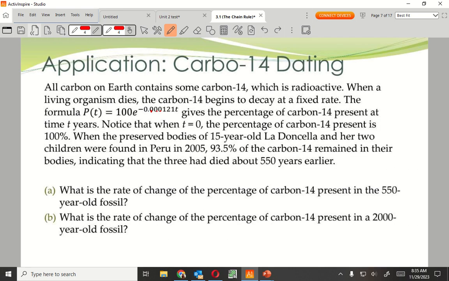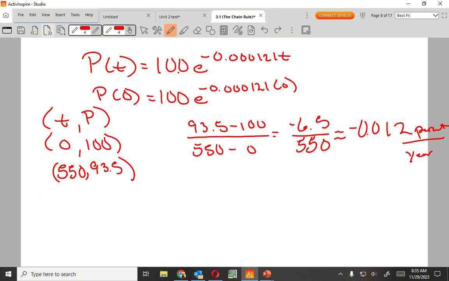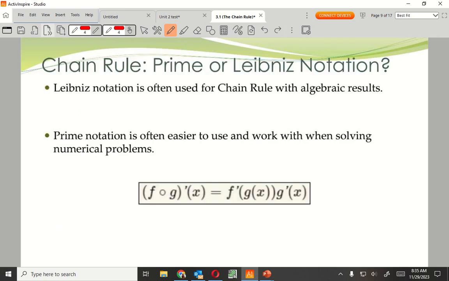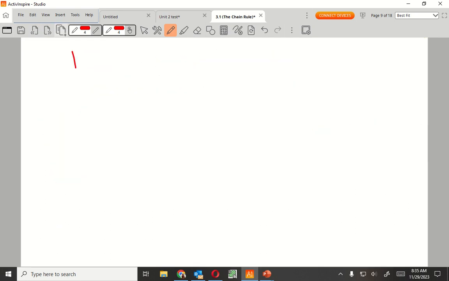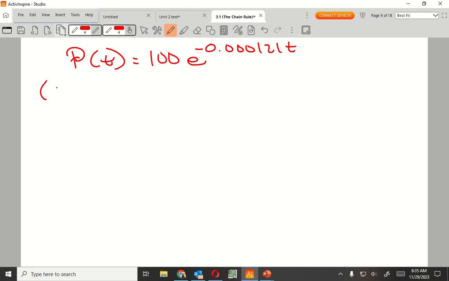What is the rate of change of the percentage of carbon-14 in a 2,000-year-old fossil? Okay, so it's now 2,000 years. They give me time, but they don't give me percent. So again, we still know it is going to be 0 and 100.